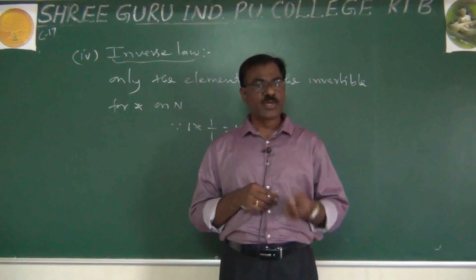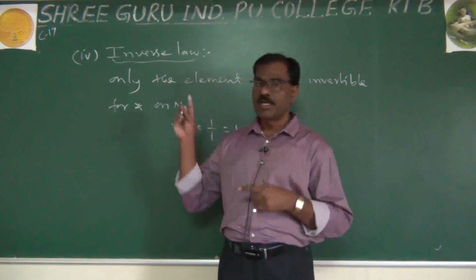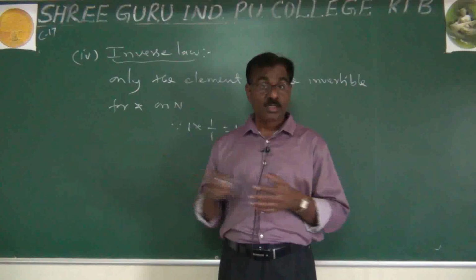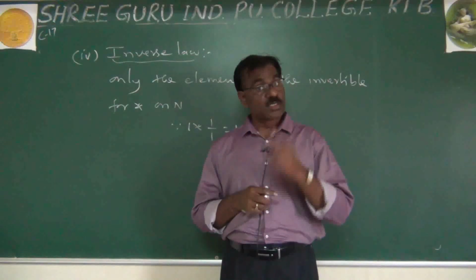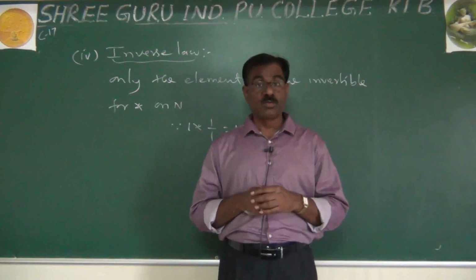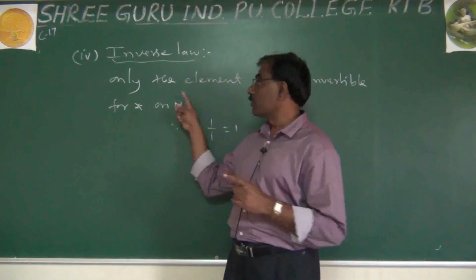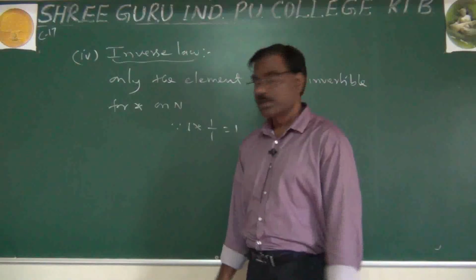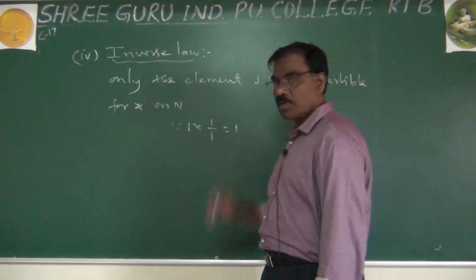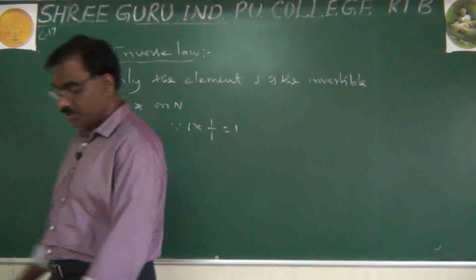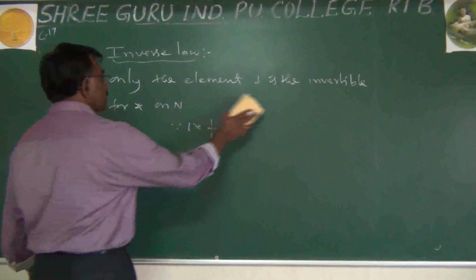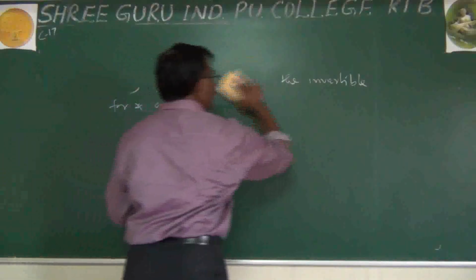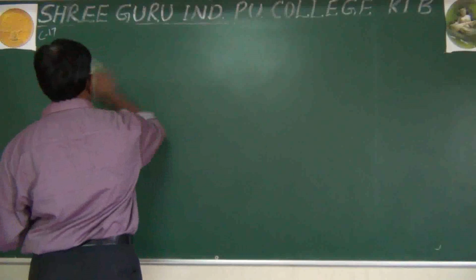Commutative is satisfied, associative is satisfied, and for identity you have to remember 1. The inverse exists only for the element 1, because 1 star 1 is 1. So in this problem, all the 4 laws are satisfied.